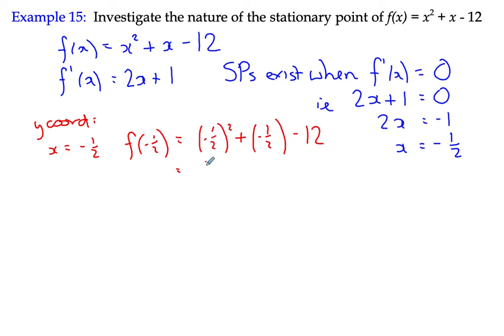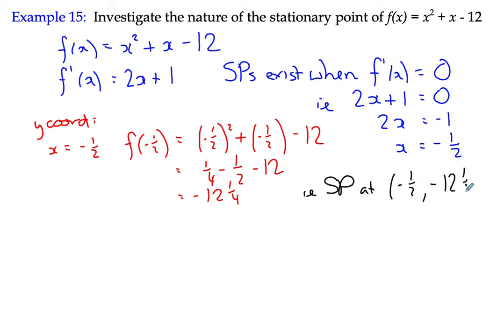Negative a half squared is a quarter, minus a half, minus 12. A quarter subtract a half is negative a quarter, take away another 12 is negative 12 and a quarter, or negative 12.25. In other words, our stationary point is at negative a half, negative 12 and a quarter.